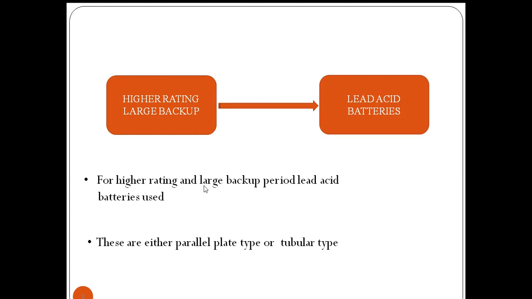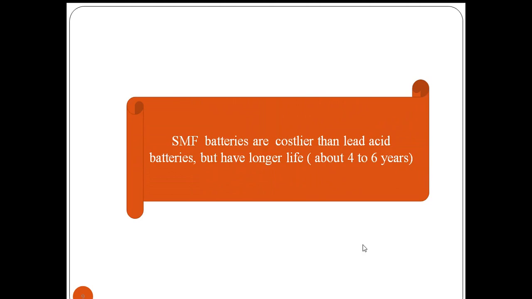For higher rating and large backup periods, lead acid batteries are used. These are either parallel plate or tubular type. The sealed maintenance-free batteries are costlier than the lead-acid batteries, but have longer life, about 4 to 6 years.